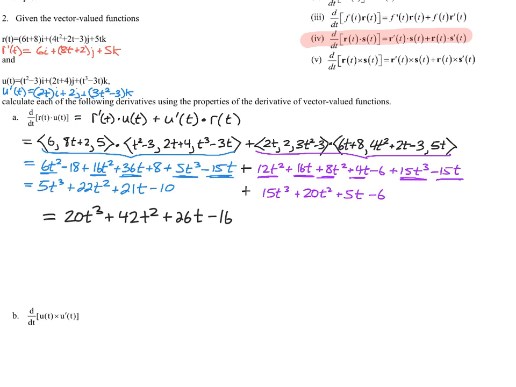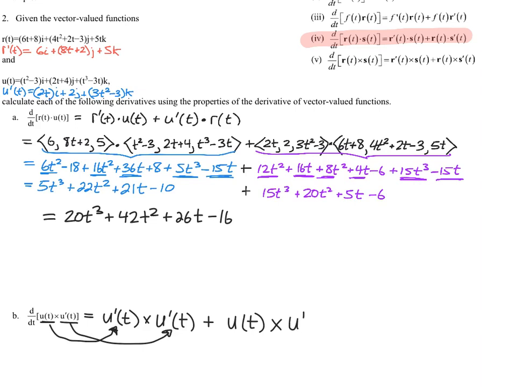I would write this as u prime of t crossed with u prime of t, because the derivative of the first is going to become the u prime of t, but the second is already a u prime of t, plus the first crossed with the derivative of the second. So u double prime of t.